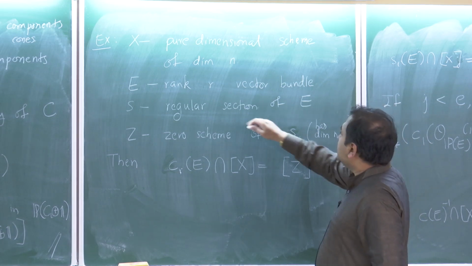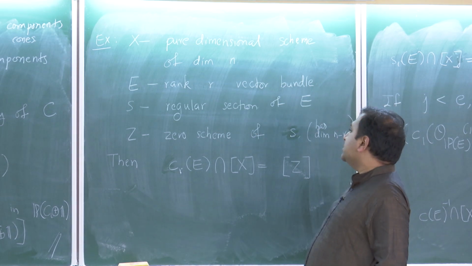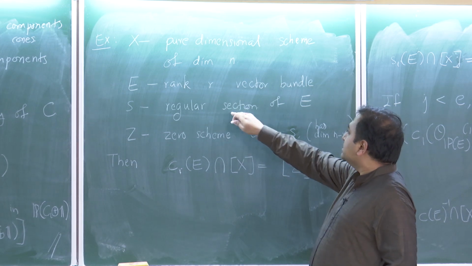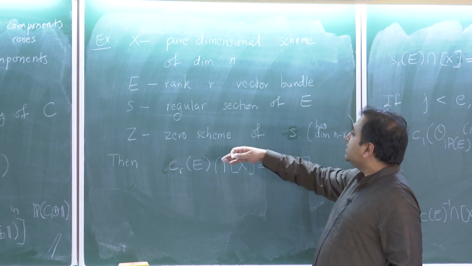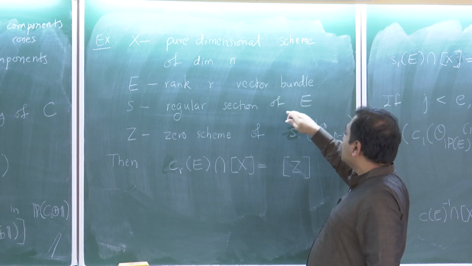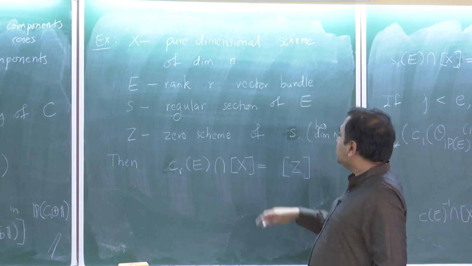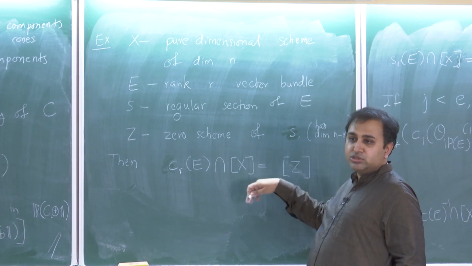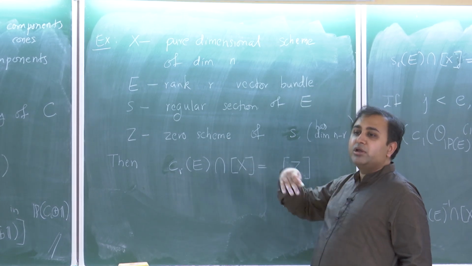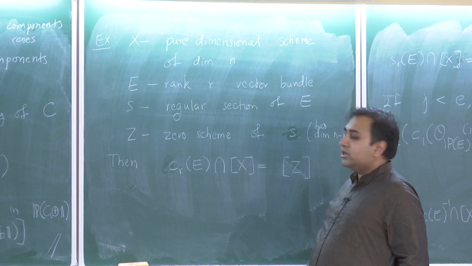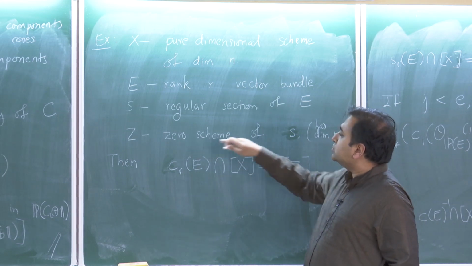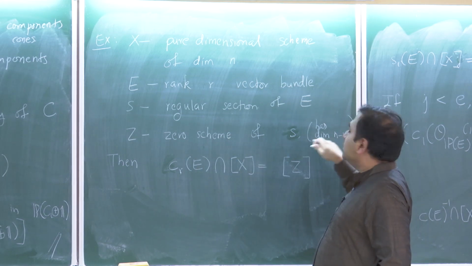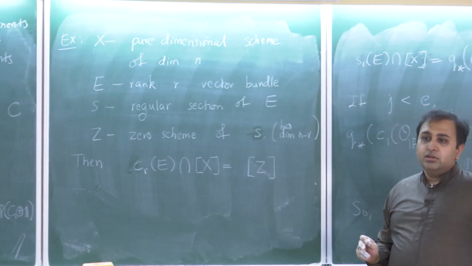So I suppose what this means is that if you take a trivialization, then this will correspond to r functions over the base scheme, and they should form a regular sequence.